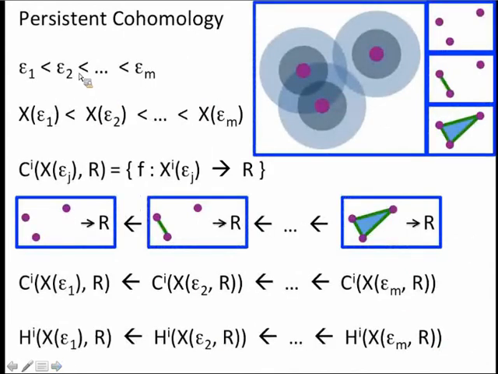If we can calculate cohomology, then we can calculate persistent cohomology. So in our persistent cohomology, we do exactly the same thing we did before to get our simplicial complexes. We will have our epsilons in increasing order. So maybe I'll start off with epsilon equal to 0 and just have my vertices. And then maybe my epsilon will be 1, and then maybe it'll be 2, etc., and just increase our balls.